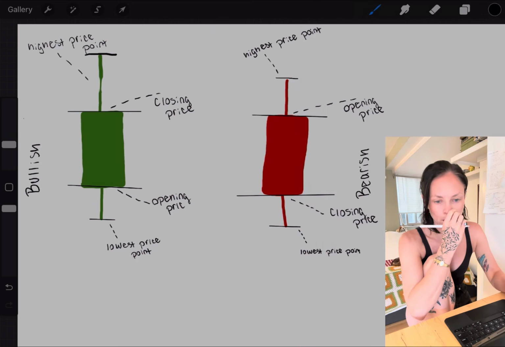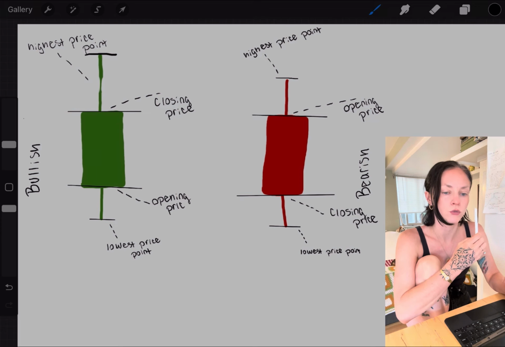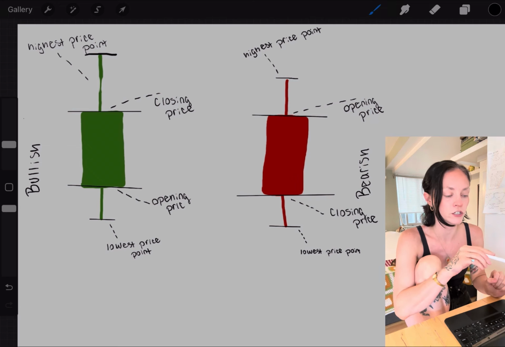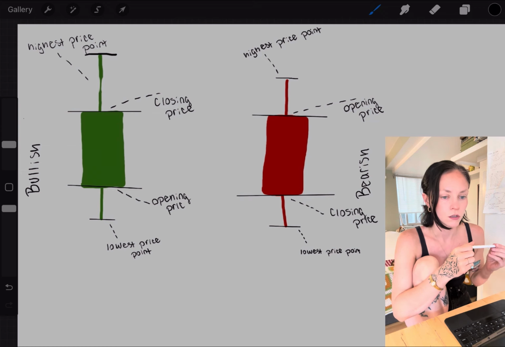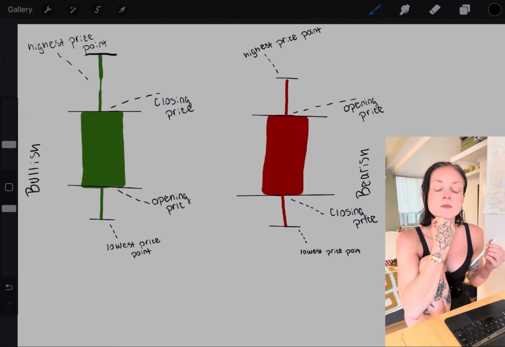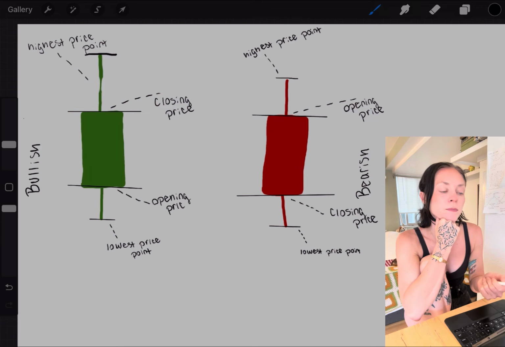That was a really long wick, okay? That's going to indicate that there was a price rejection or indecision in the market. Long wicks will indicate price rejection or indecision in the market. Long upper wicks, the price was pushed up, but it rejected. That means the sellers stepped in.